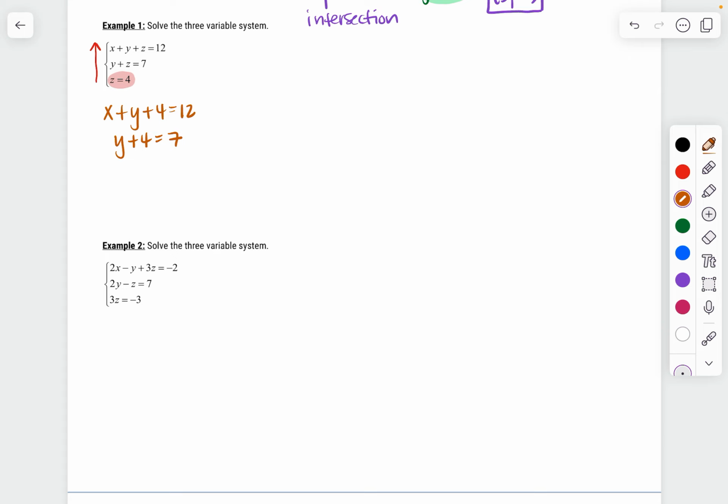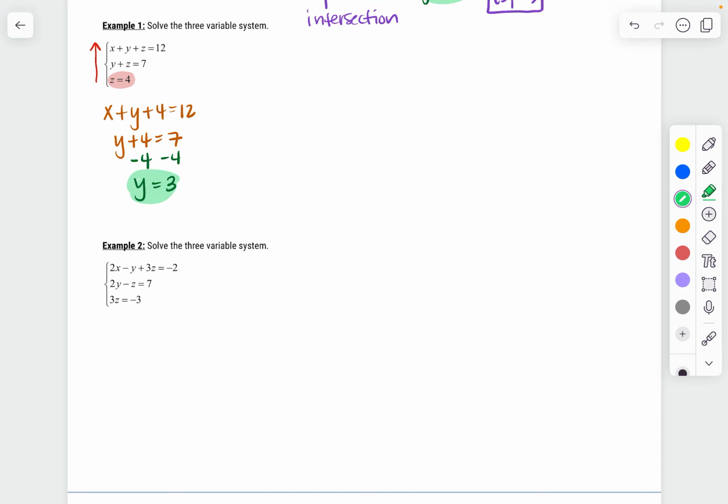And usually when you do this, you'll find that you can solve for another variable. So in this case, I can subtract 4 from both sides, and y is equal to +3. So there is another value that I need.